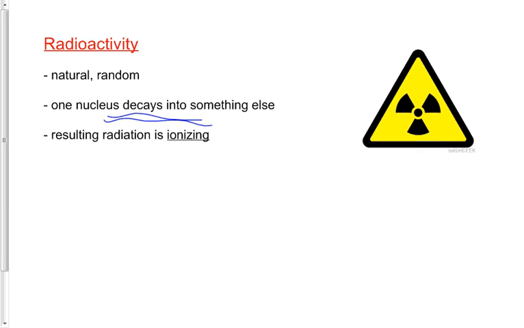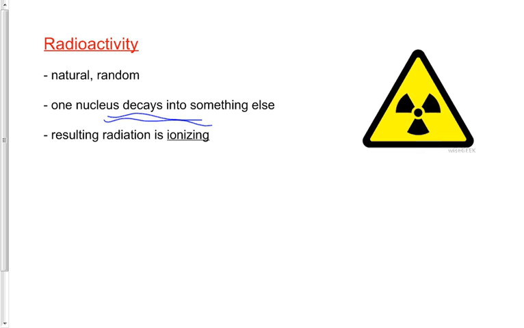But it's still carbon and it's still oxygen, just rearranged. When we're talking about nuclear physics, we can actually change the carbon into another element. And we can change the oxygen into another element, not just rearrange them to form different compounds. That's radioactivity. It's a natural random process whereby something like carbon changes into something like nitrogen.